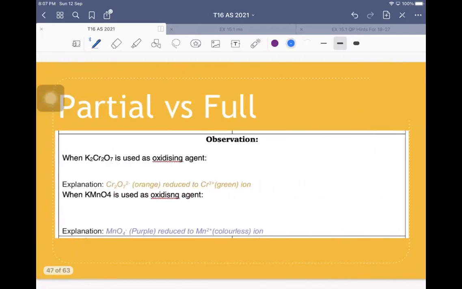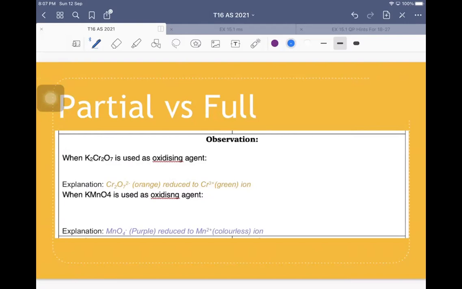Next, the observation. On your table, there are two reagents written down, and you need to write down the observation for each of these oxidizing agents, because they have different starting color and different end color.